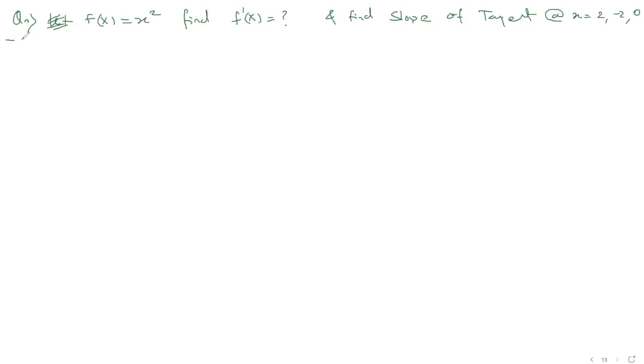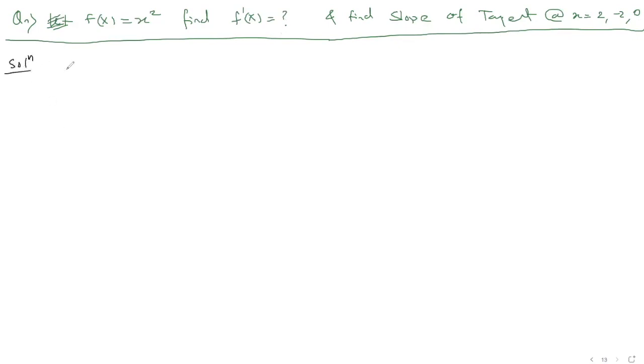Let us solve this problem so that you understand how we use first principle and how we get the answers. For this question, we are going to use the first principle of differentiation, which is the formula we just derived.